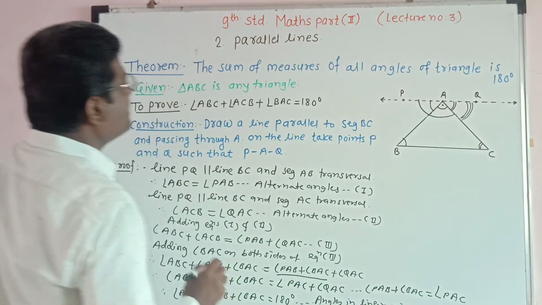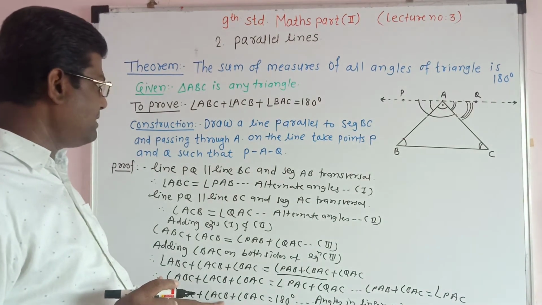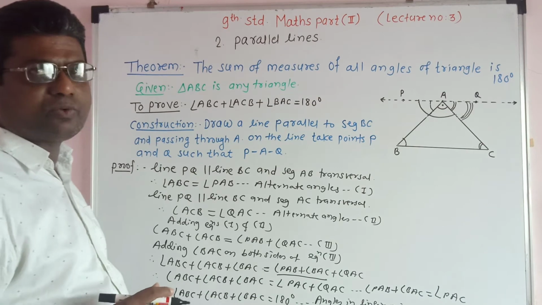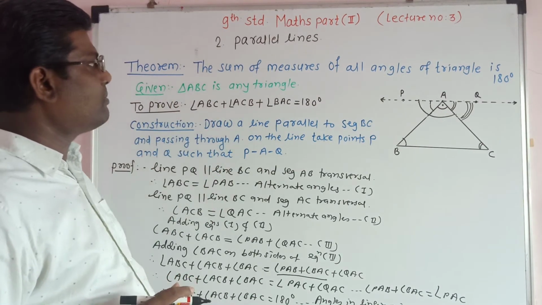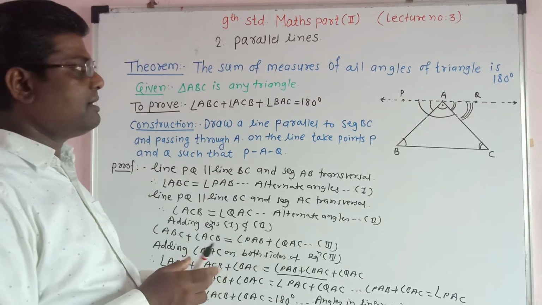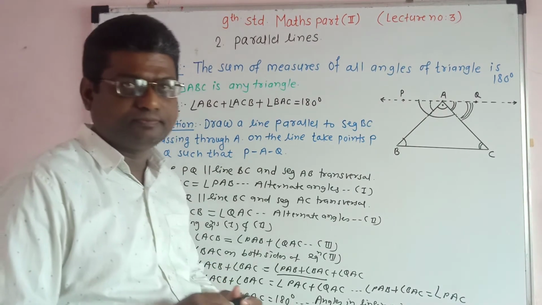Thus, the sum of measures of all angles of a triangle is 180 degrees is proved.